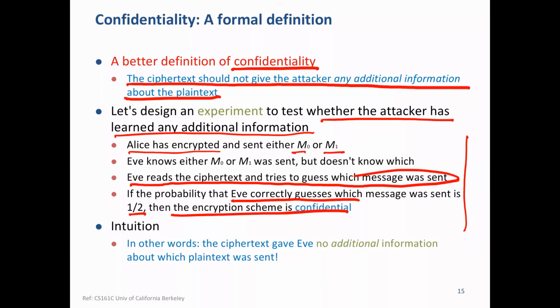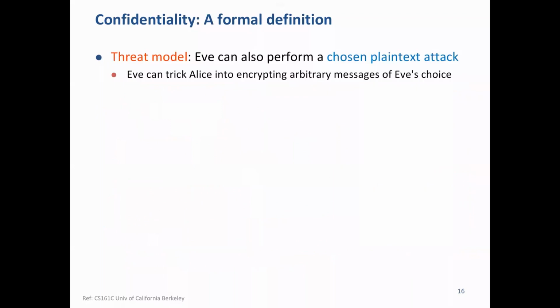Eve cannot find out which one of the two was encrypted. So in other words, the ciphertext gave Eve no additional information about the plaintext that was sent.